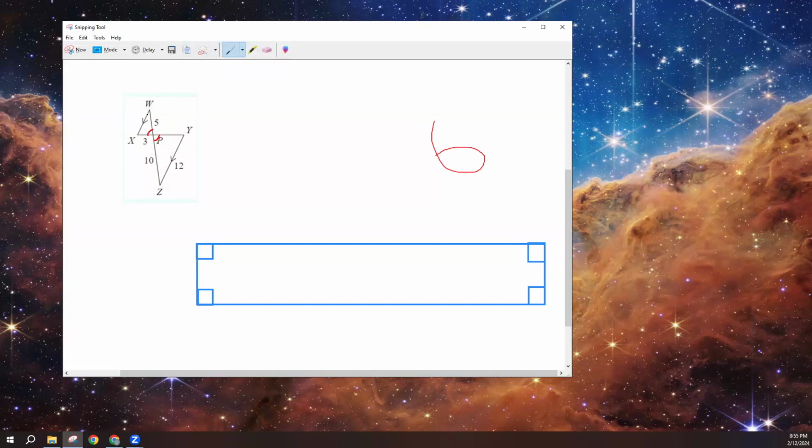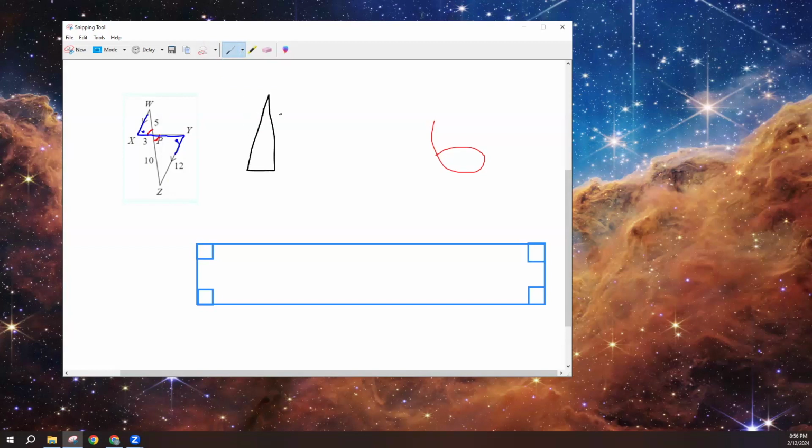If I trace this line here, like this, that tells me that this angle here and this angle here are also the same. And so now that I have those two angles that are the same, I can put together my relationship between similar triangles.